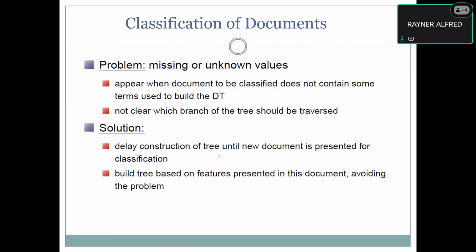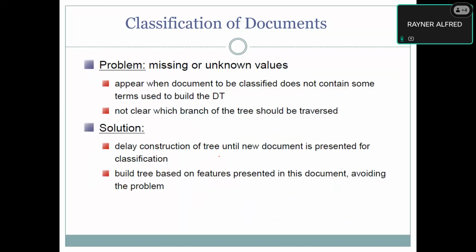Okay, the problem that we have is that sometimes, given a new document, since we already built the tree, that document does not have the keywords that we used to construct the tree. In that case, we cannot classify that new document.